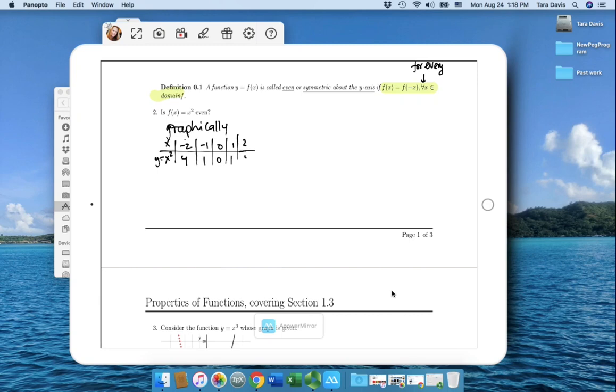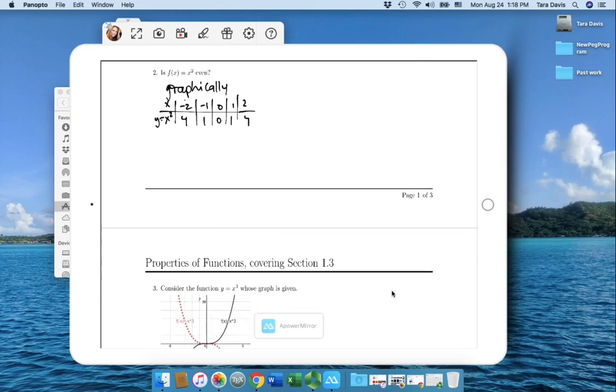Okay, so I get these points, and then when I go and sketch my graph of x squared, we can look and see what it looks like. I'm going to count by ones on the y-axis up until 4 for the points I have. So I'm making a quick sketch.